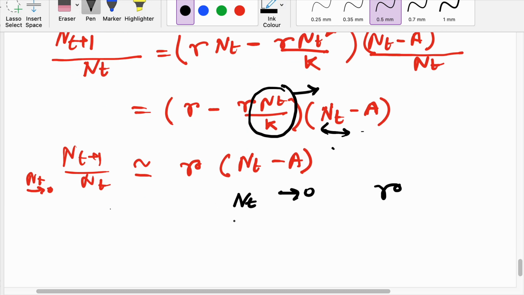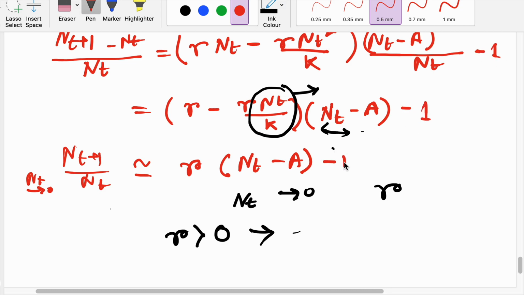You will find that the growth rate will be greater than 0, or you will say the population is actually growing, if and only if, there is a minus nt there. Let me put minus nt, so this will be 1, here is minus 1, here is minus 1.